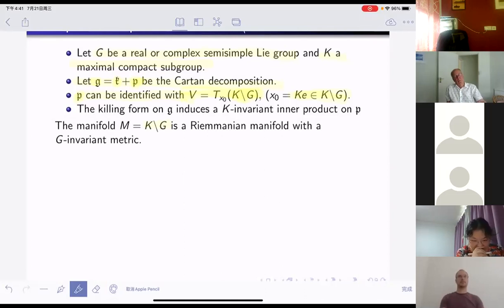And the Killing form on this Lie algebra gives rise to a K-invariant inner product on P. The Killing form does not always give a positive definite product on g, but when restricted to P, it is an inner product. And this gives us a Riemannian manifold with a G-invariant metric for this homogeneous space.